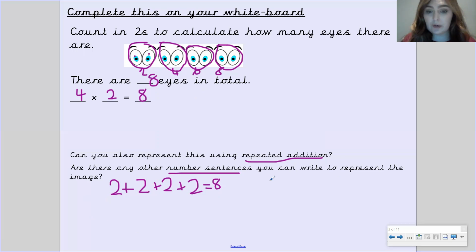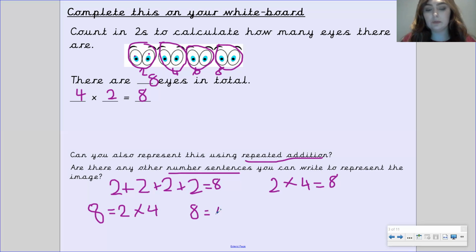You could also have 2 times 4 equals 8. You could also have 8 equals 2 times 4, or 8 equals 4 times 2.